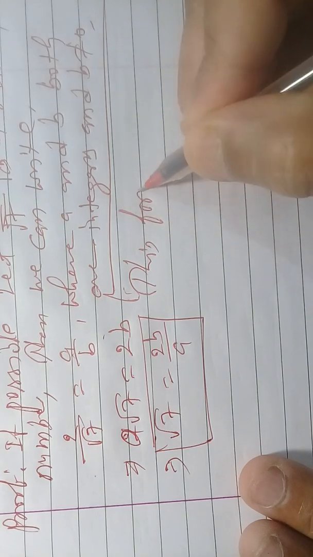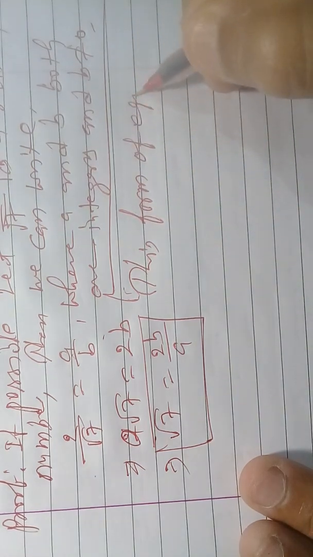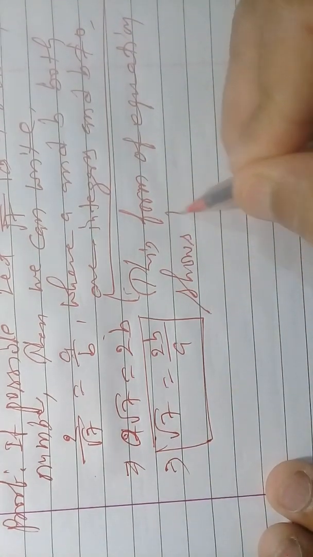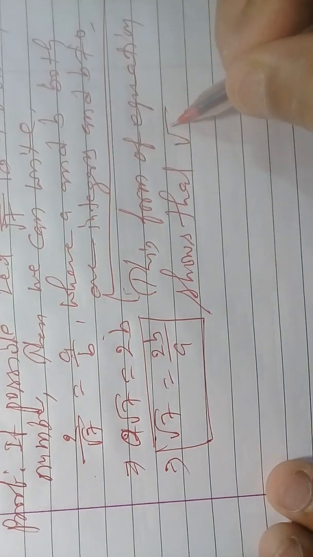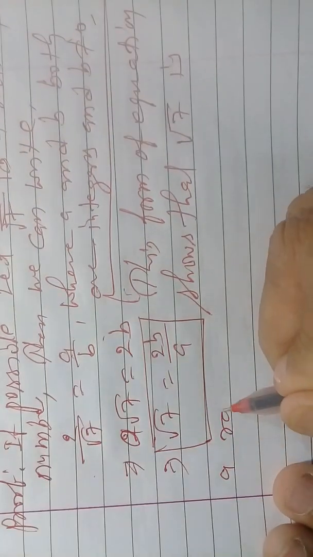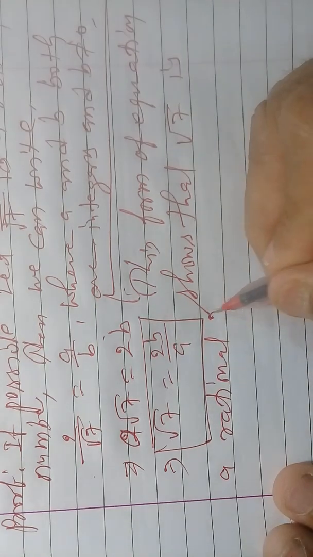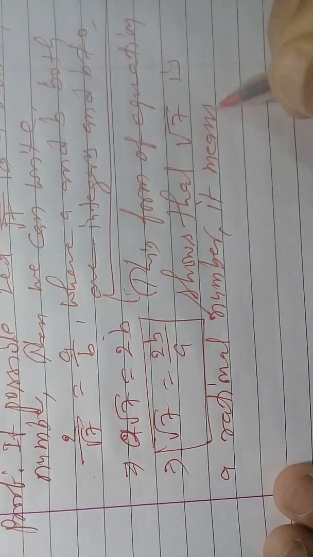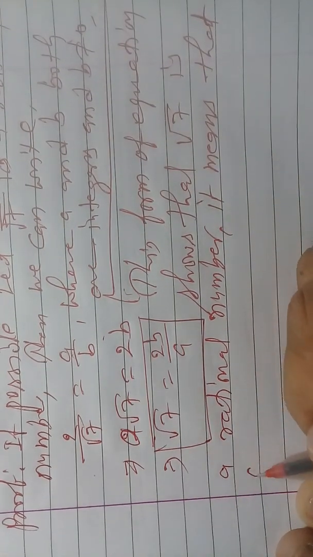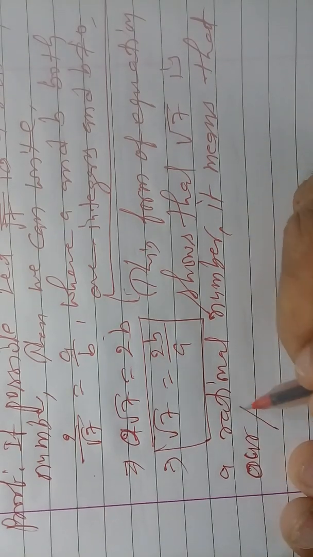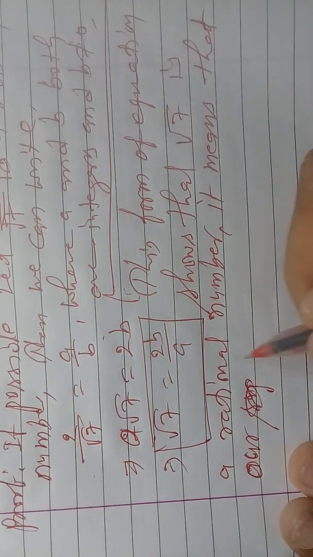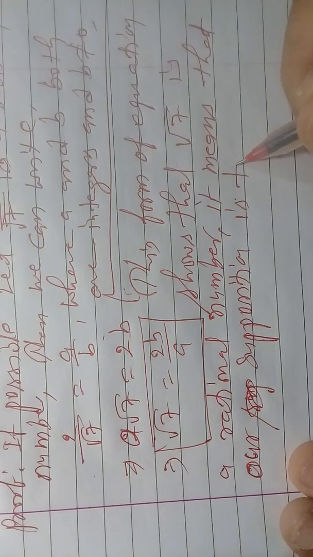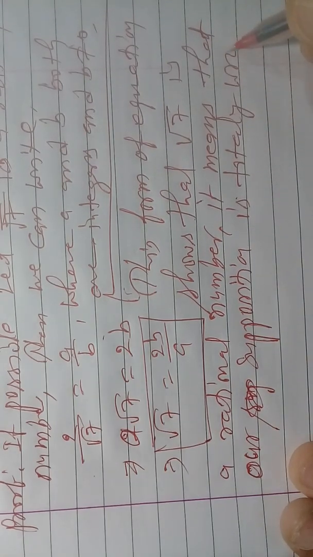This form of equation shows that root 7 is a rational number. It means that our supposition is totally wrong.